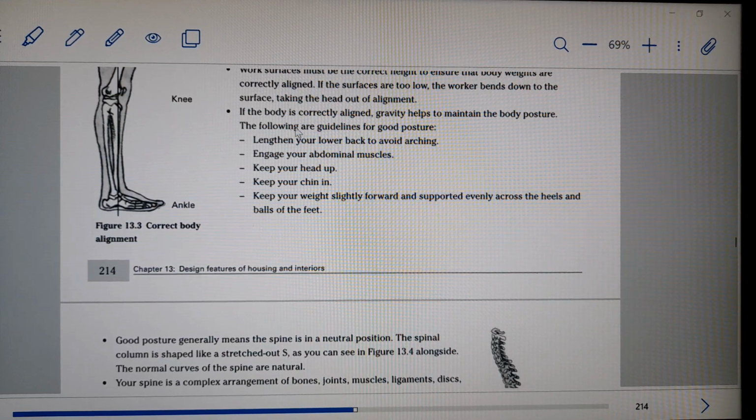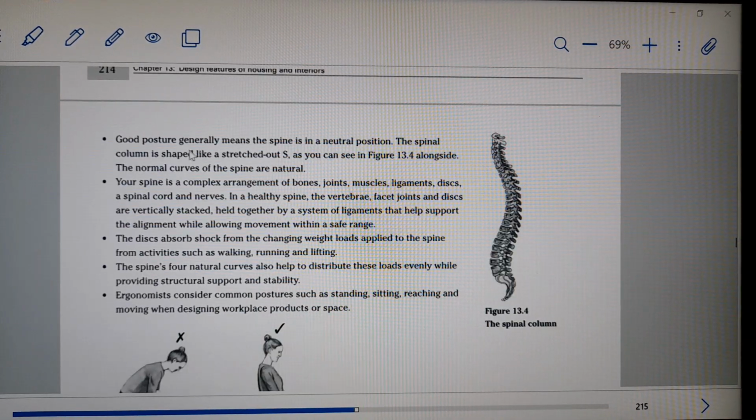We're still under the guidelines for good posture. Good posture generally means the spine is in a neutral position. The spinal column is shaped like a stretched-out S, as you can see in this figure, and the normal curves of the spine are natural.